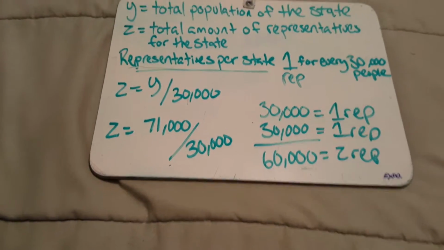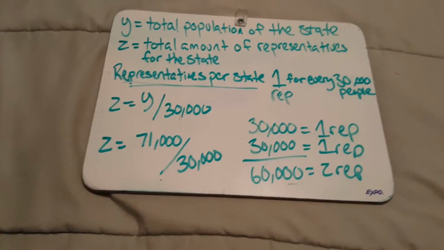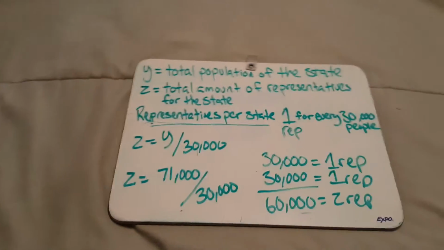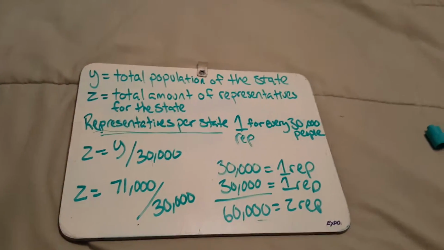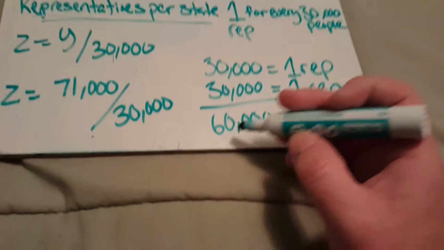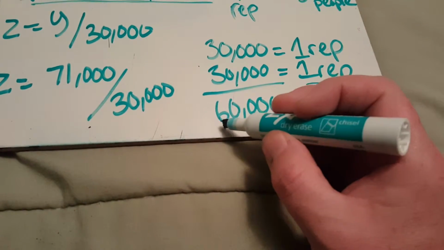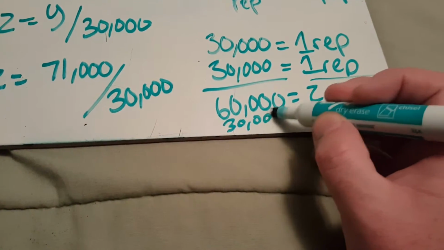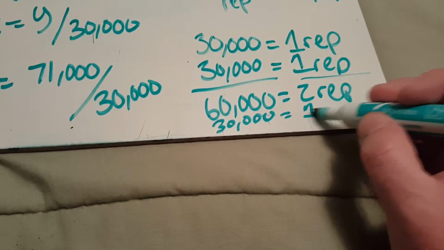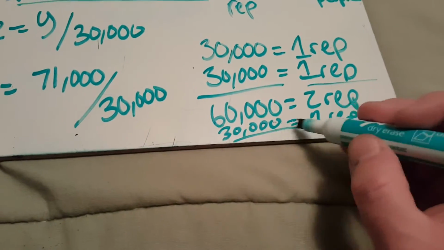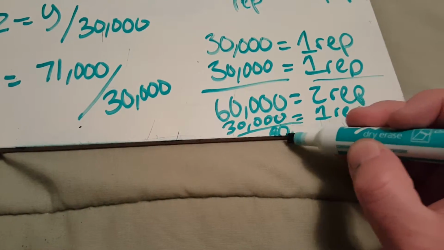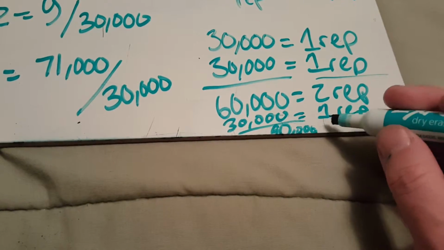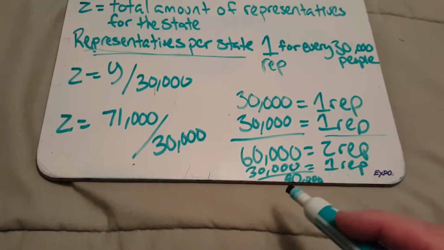I don't know. Let's just see if I can add another 30,000 to see if I can get one more representative. So, 30,000 equals one rep. Oh, nope. That's going to give me, and I'm sorry you guys can't see this, but I'm sure you already know the answer, 90,000.